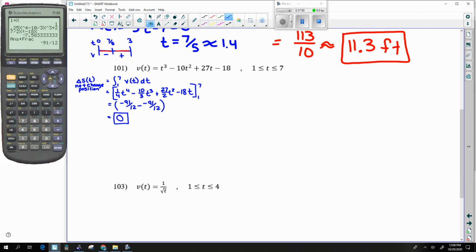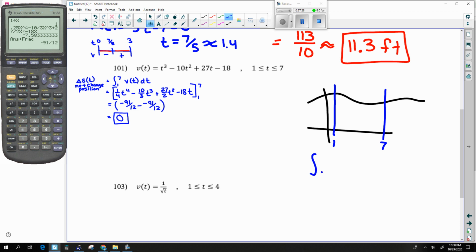Okay, now let's go ahead and find that total distance. To do that, here's a concept that I've kind of been skipping over. If I want to find an area, I'll draw a quick little picture. All right, and in this case, I want to know what is the area from 1 to 7. Now, to get that area from 1 to 7, I could integrate from 1 to 7.